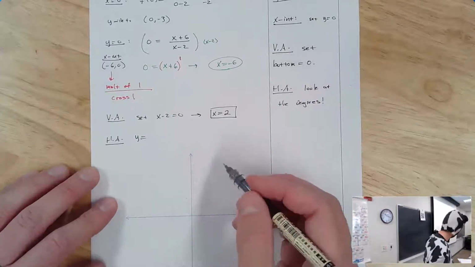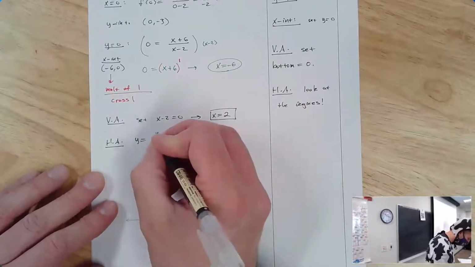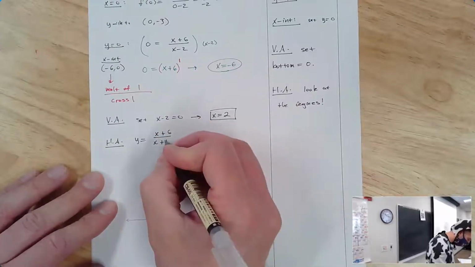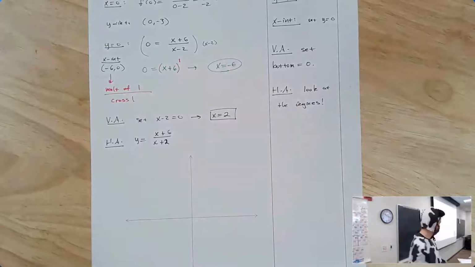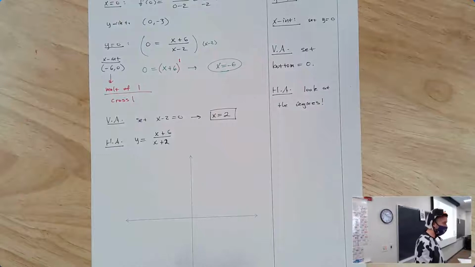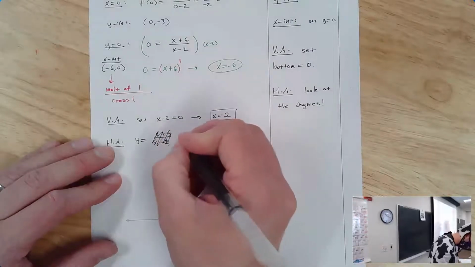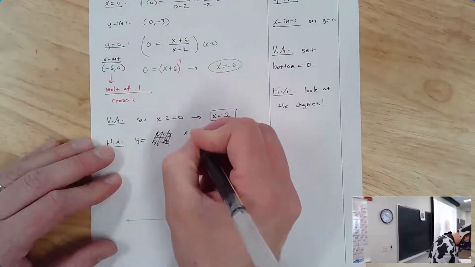So if I look at my original function, x plus 6 over x plus 2, the degrees are definitely the same, right? The top is a first degree, the bottom is a first degree polynomial. Oh, yes, thanks. Sorry about that. Good call. I would have been really confused when I started graphing this.